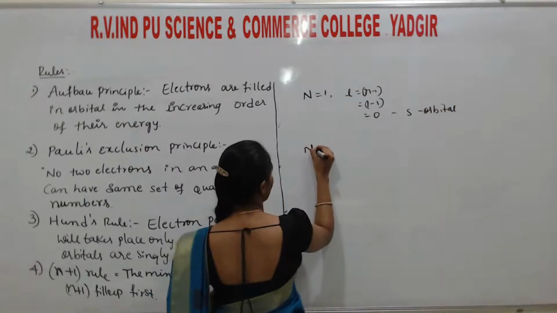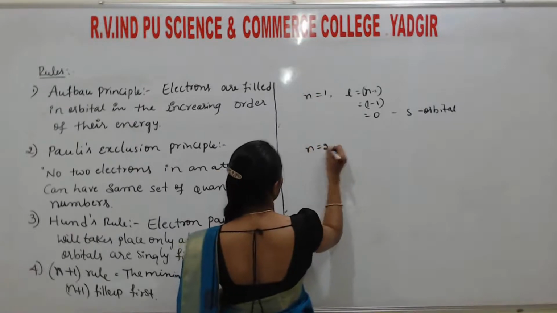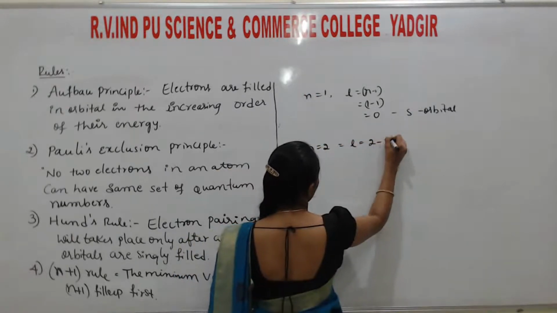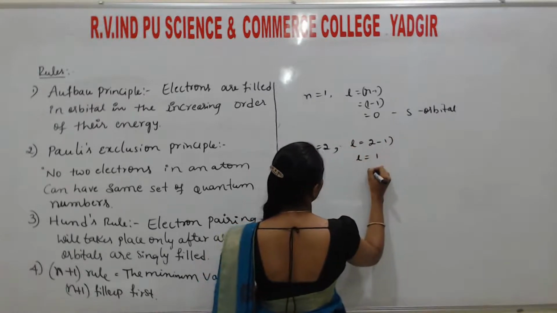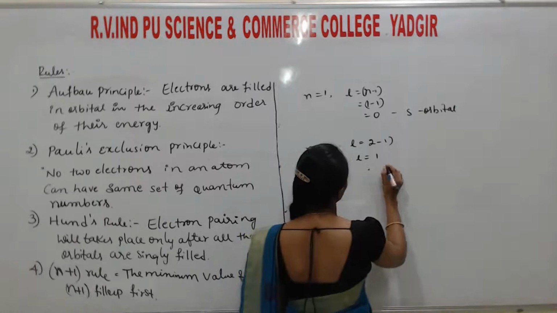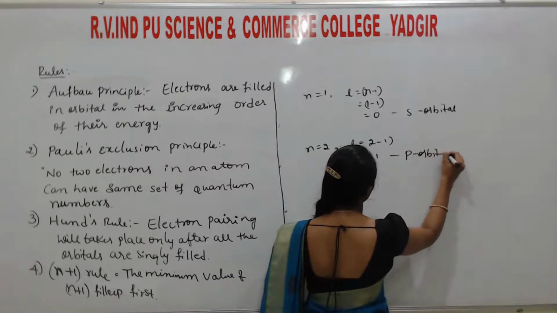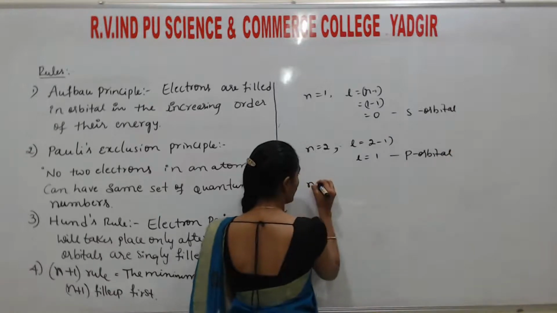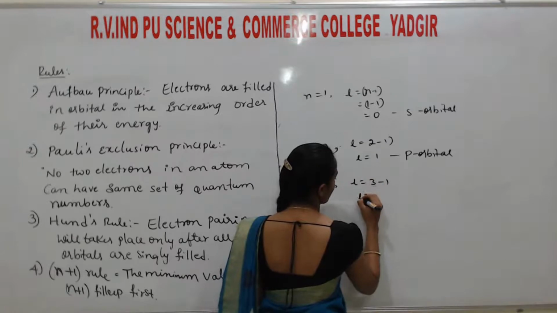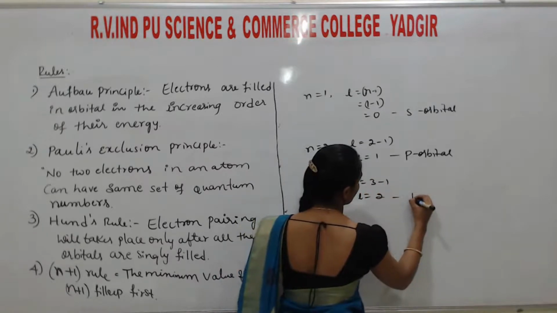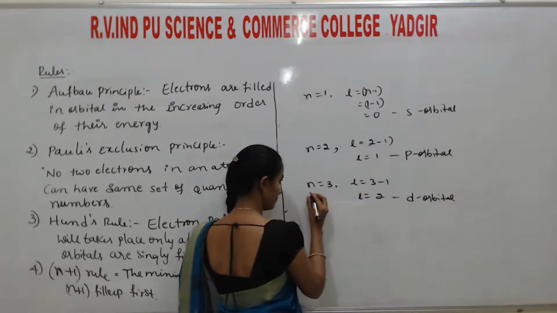If n is equal to 2, then l is equal to 2 minus 1, then l is equal to 1, that is p orbital. n is equal to 3, l is equal to 3 minus 1, so l is equal to 2, that is d orbital.